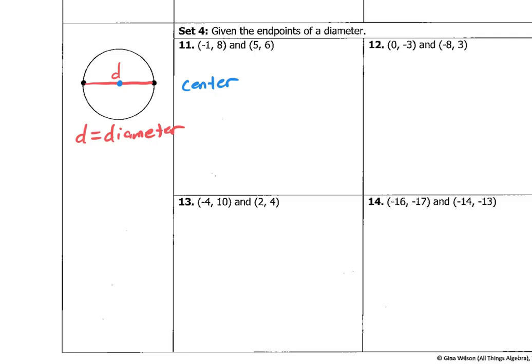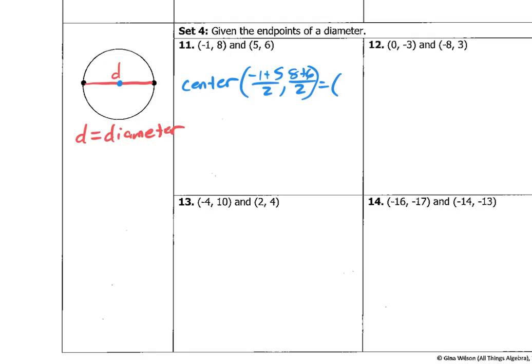The center is the halfway point of this diameter. So if these are my two endpoints and it goes through the center, that center is going to be halfway in the middle, right? We also call that the midpoint of that segment. So that's where the midpoint formula is going to come in. We're going to go -1 plus 5 over 2, and we're going to go 8 plus 6 over 2.